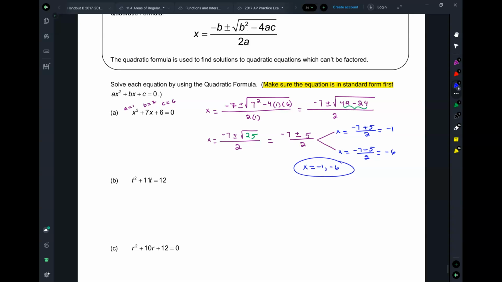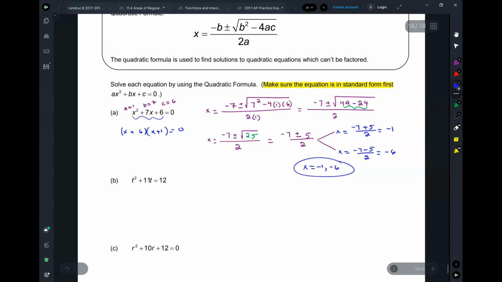Okay. Now, I'm going to show you something else about this one. This particular equation, could we have factored this? Yeah. Let's see. Are there two numbers that multiply to 6 and add to 7, plus 6 plus 1?